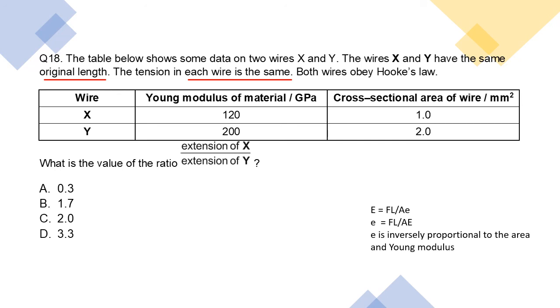So the extension of X divided by extension of Y will be equal to Young modulus of Y times the area of Y divided by Young modulus of X times the area of X. After the calculations, you will get D, 3.3, as the answer.